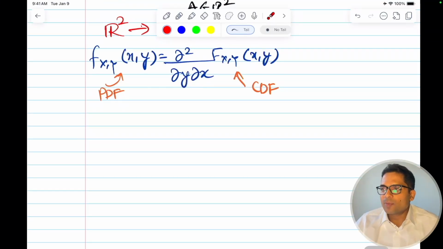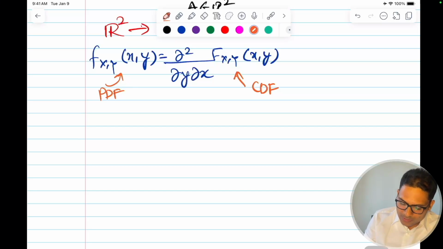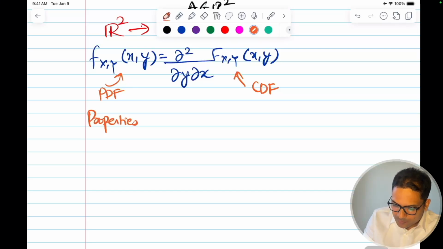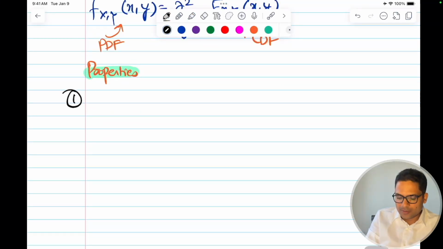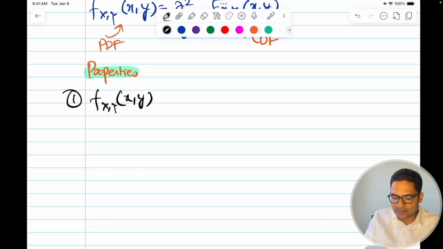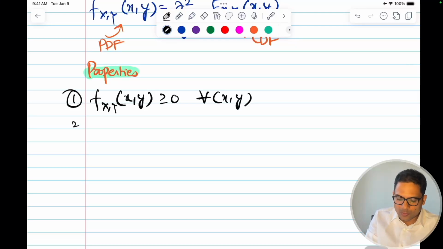Even these will have properties. So let me write similar properties. What will be the properties for this? All these properties are coming from the past itself, so I'm just revising it so that you remember. The first property is that the probability for any given range of x y is always greater than or equal to 0 for all combinations of x y, and the total would be 1.